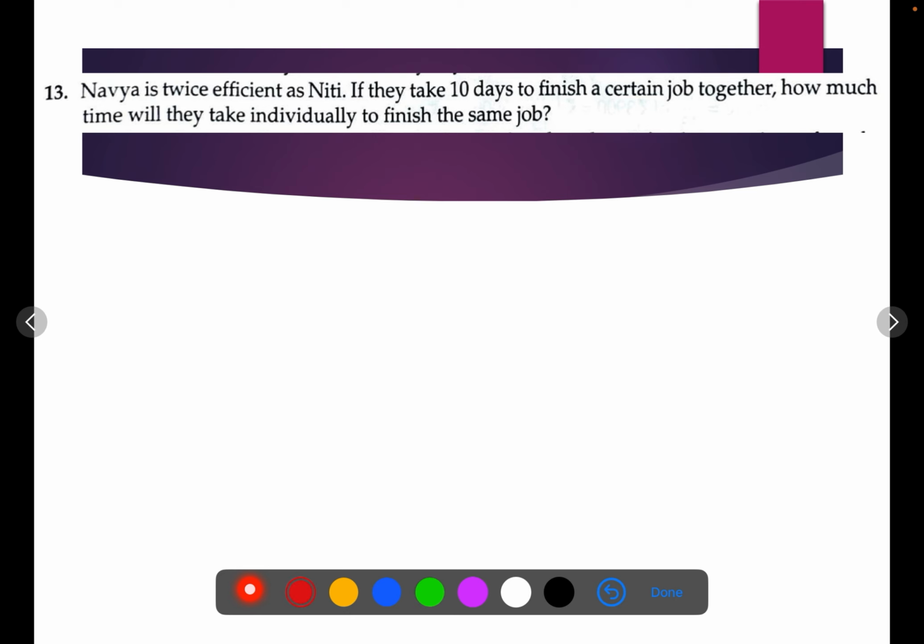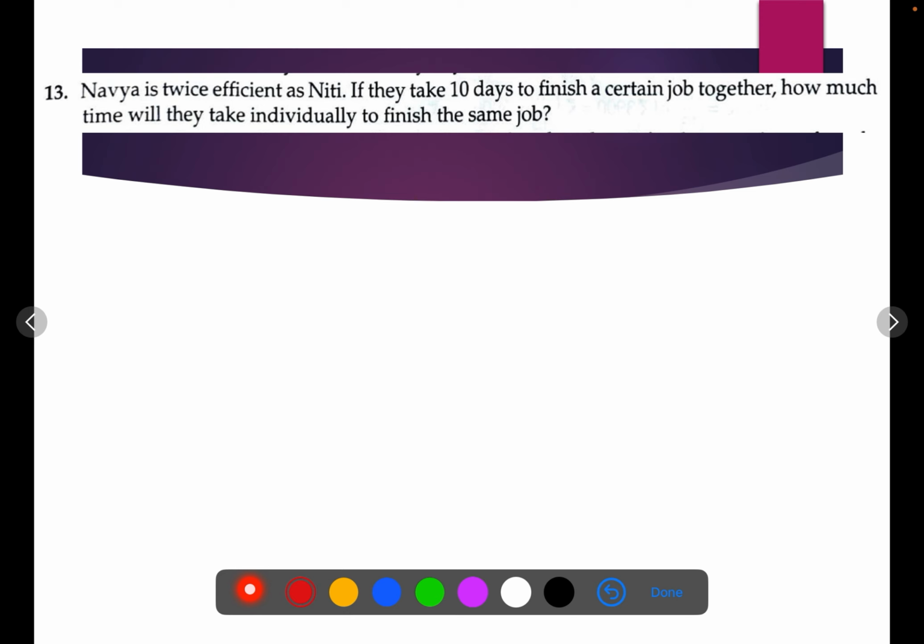Now, Navya is twice as efficient as Neeti. If they take 10 days to finish a certain job together, how much time will they take individually to finish the same job? Now it is given that Navya is twice as efficient as Neeti.